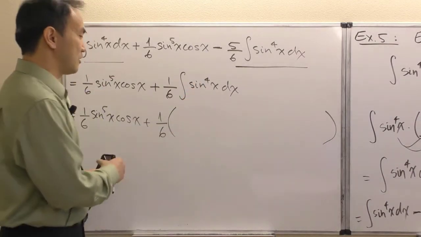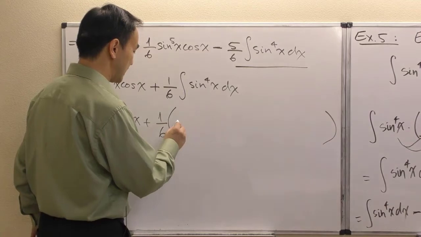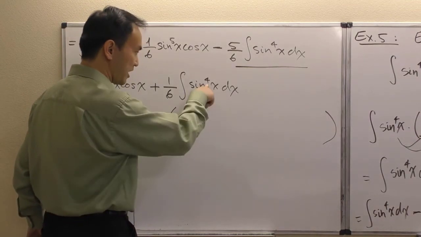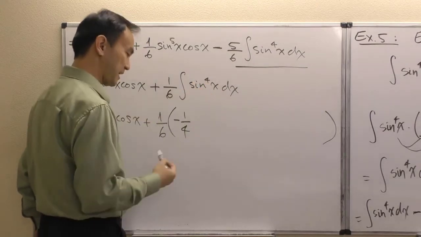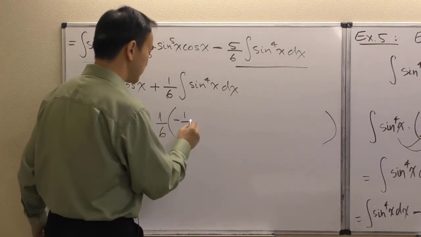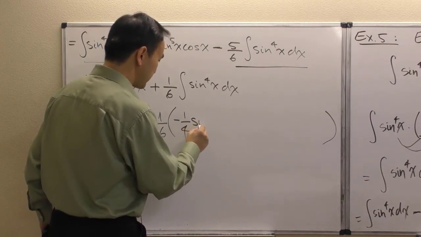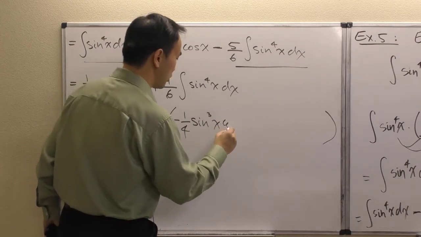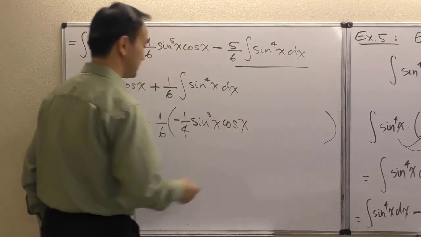Okay, and so now the formula says I need a negative 1/4, because the power n in the current step where we're applying the reduction formula is 4, times sine to the 3rd power. We reduce that power by 1, times cosine of x.